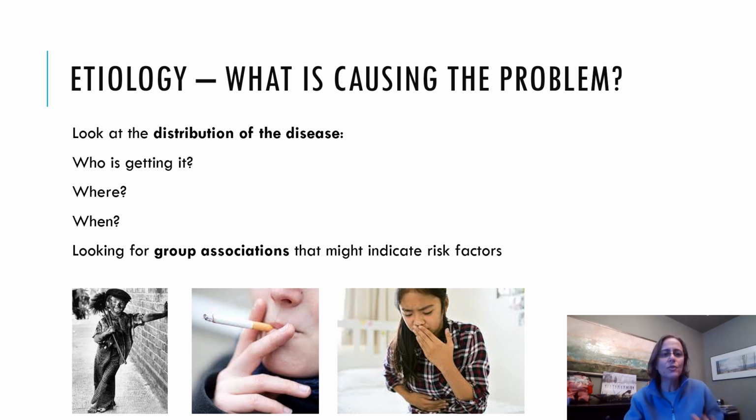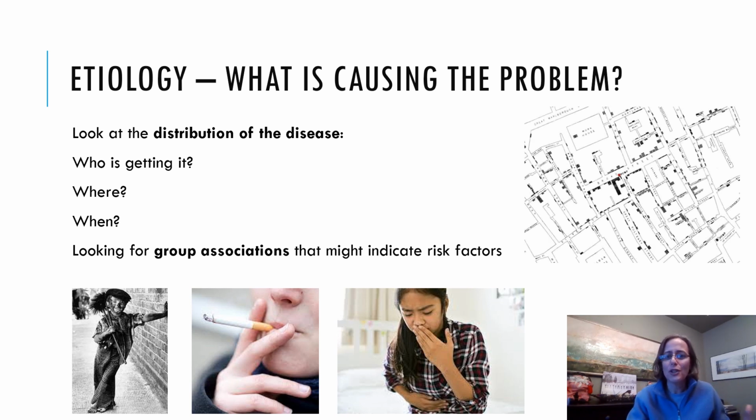And so this looking at the distribution of disease might remind you of something you've already learned about, which is of course the ghost map from John Snow. So this was the founding father of epidemiology, looking at patterns of disease in a population to try to identify the cause and then identify potential solutions.